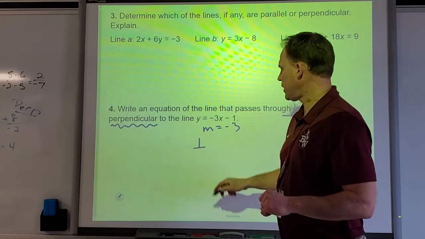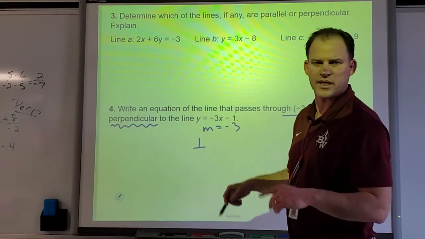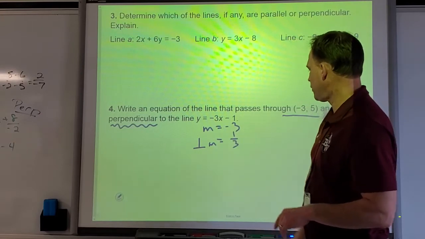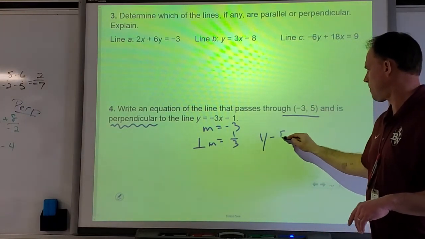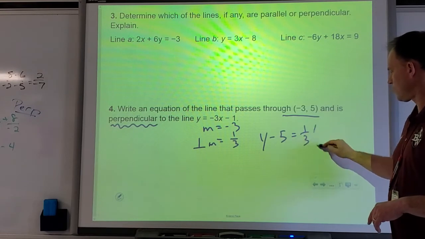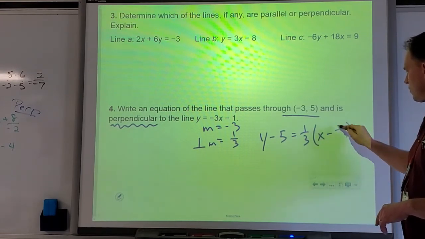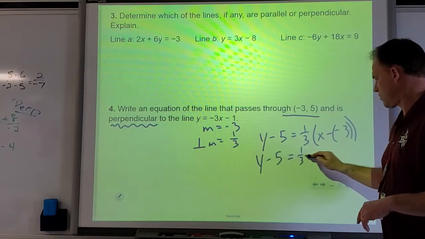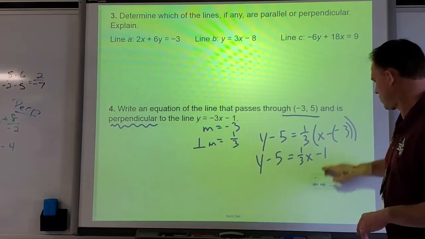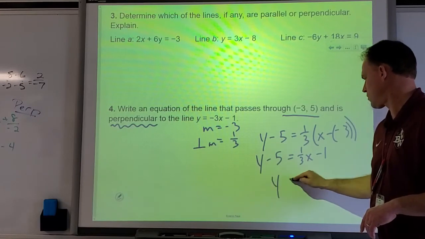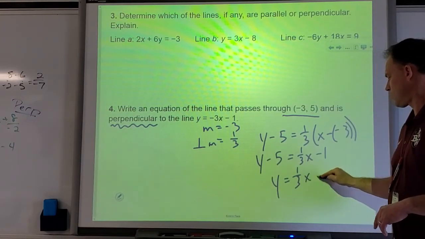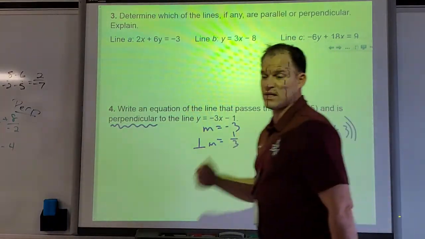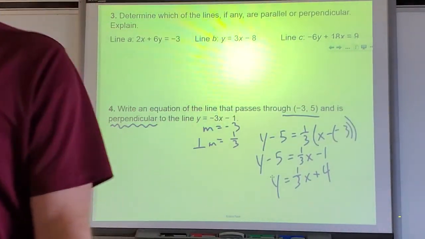So the perpendicular, that's the symbol for perpendicular, an upside down capital T. Perpendicular slope is positive 1/3, so then I'm going to go ask questions. If that's not what you got, if everybody's good, get to work.